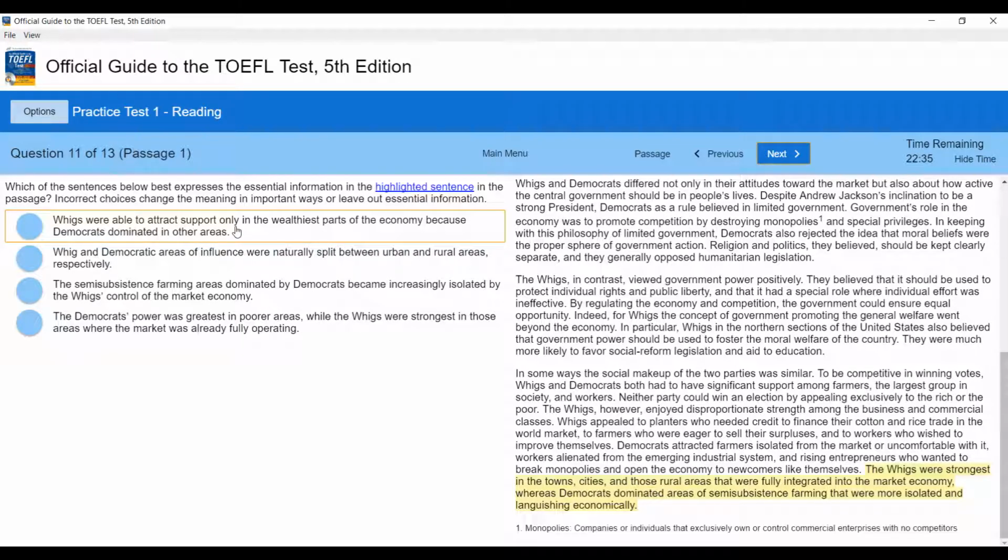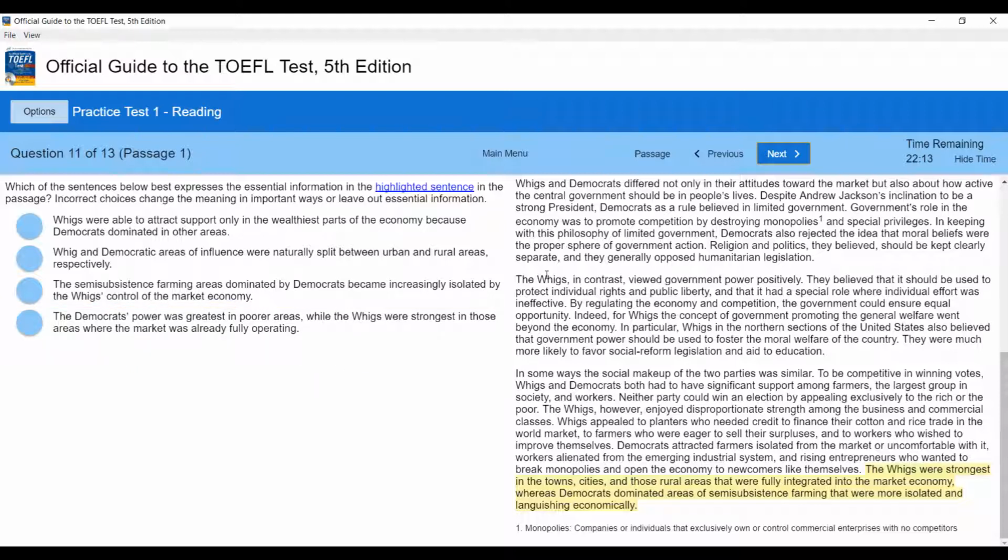So not A. That's just a wrong idea. Okay, so not A, not B, not C. I would go with D. It doesn't exactly say towns, cities, and rural areas, but the overall idea is that these places were integrated in that economy, so where the market was operating.